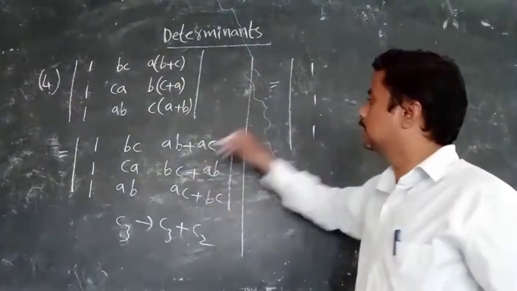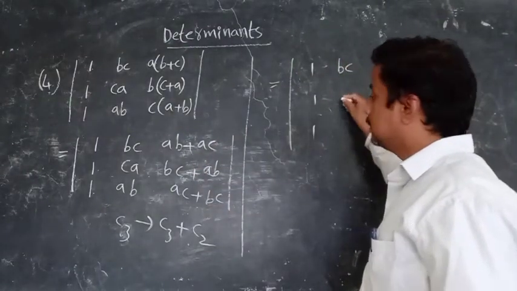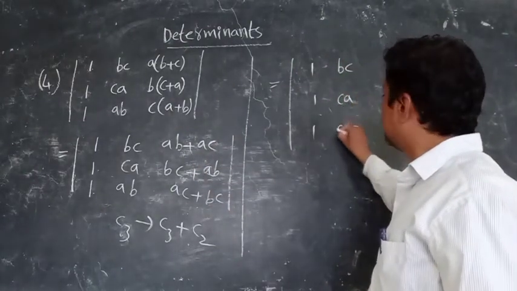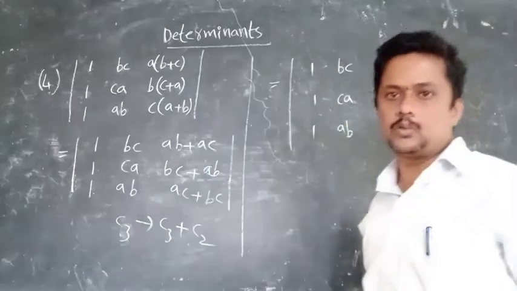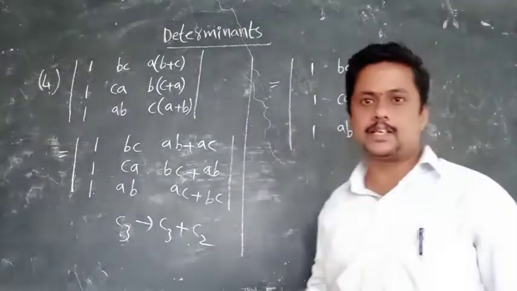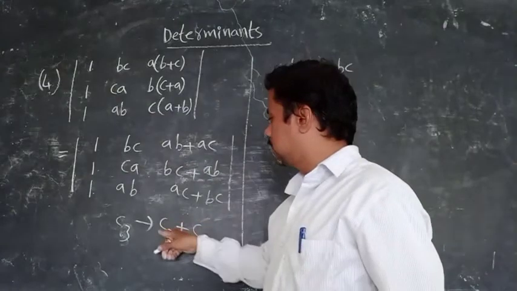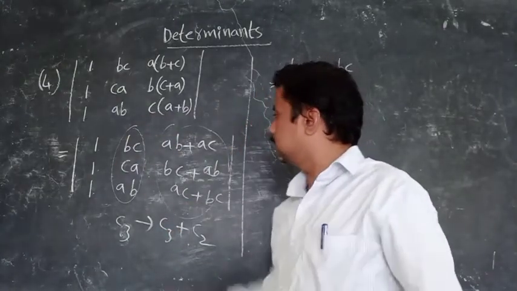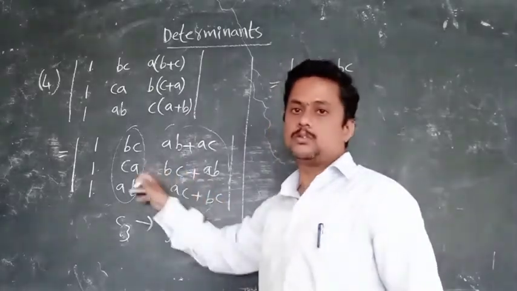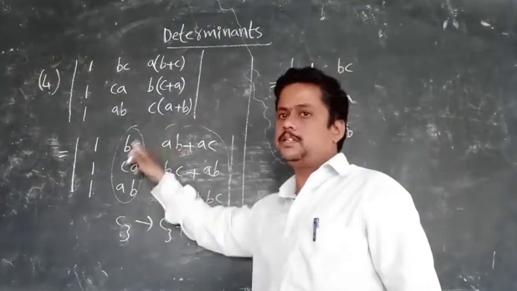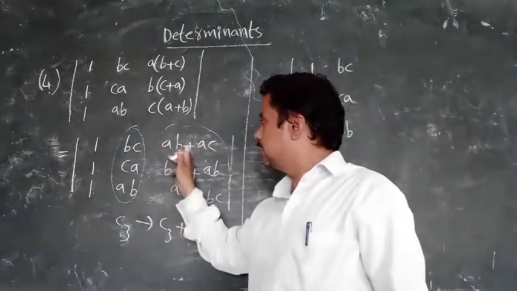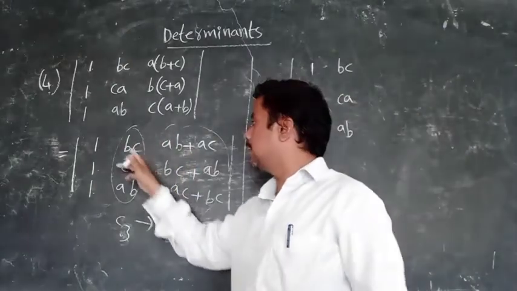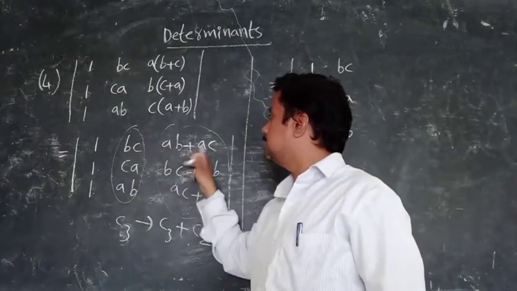Okay, next BC CA AB same. Now take pencil and fix it. C3 and C2, corresponding elements means side elements. These two will be added. Now what is the AB BC CA?